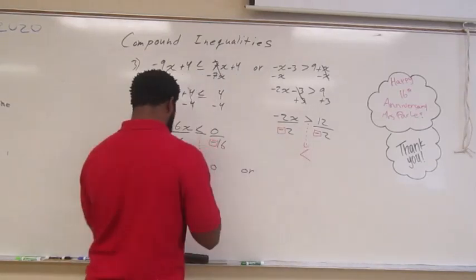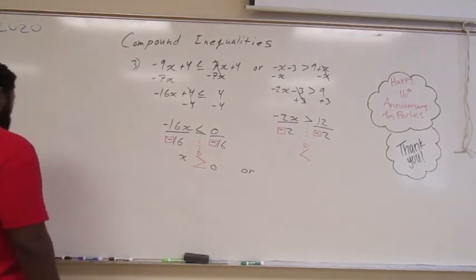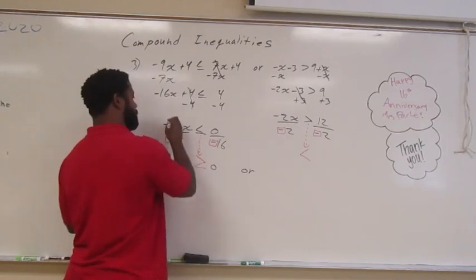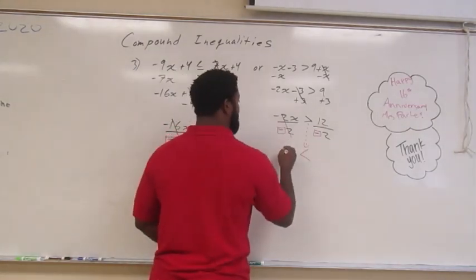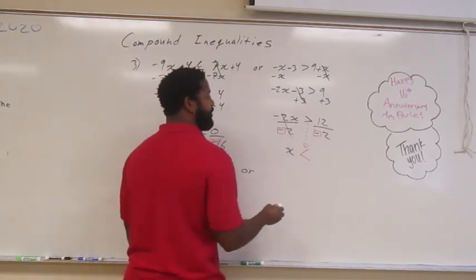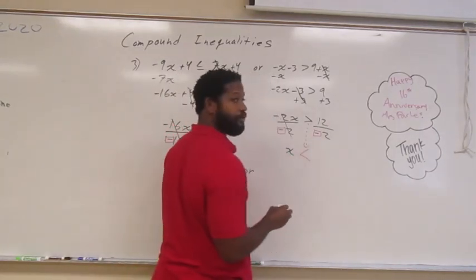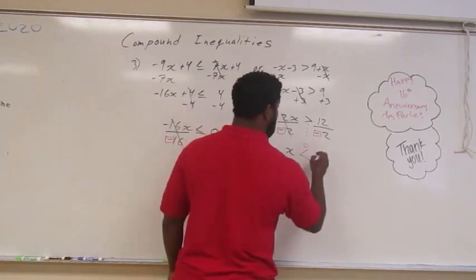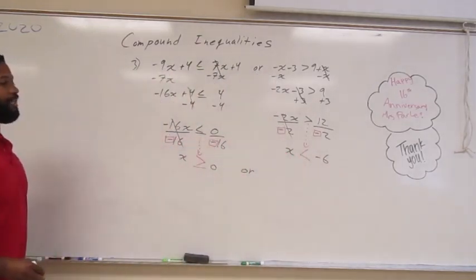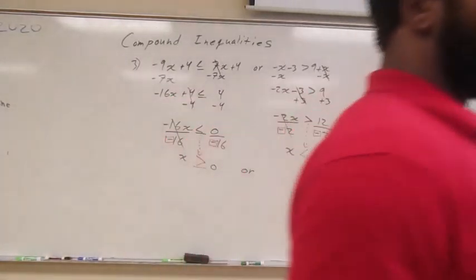Okay? So that cancels out. Therefore, x is less than, what kind of 6? A negative 6. Okay? x is less than negative 6.